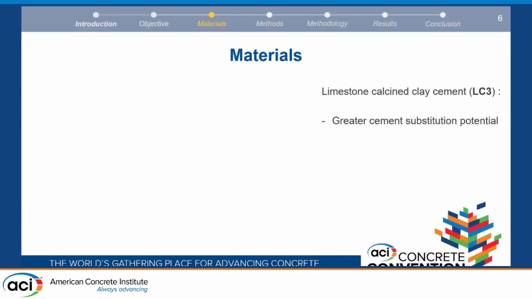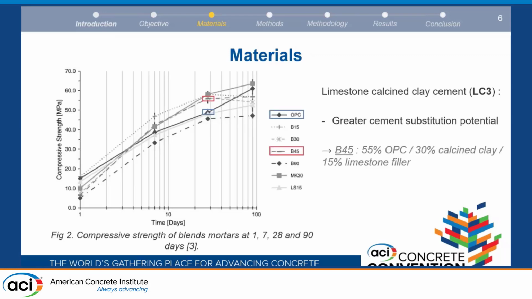So we chose to apply the method to a limestone calcined clay cement-based mortar named LC3 because it has a greater cement substitution potential. As we can see on this figure from Antoni et al., the B45 mixture, which corresponds to 45% cement replacement, performs better at 28 days in terms of compressive strength compared to a traditional 100% ordinary Portland cement-based concrete.